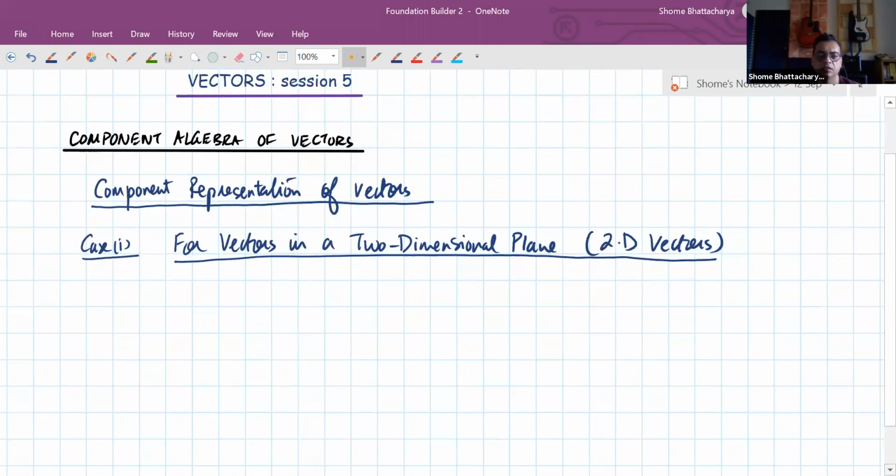It starts with the definition of a two-dimensional coordinate frame.